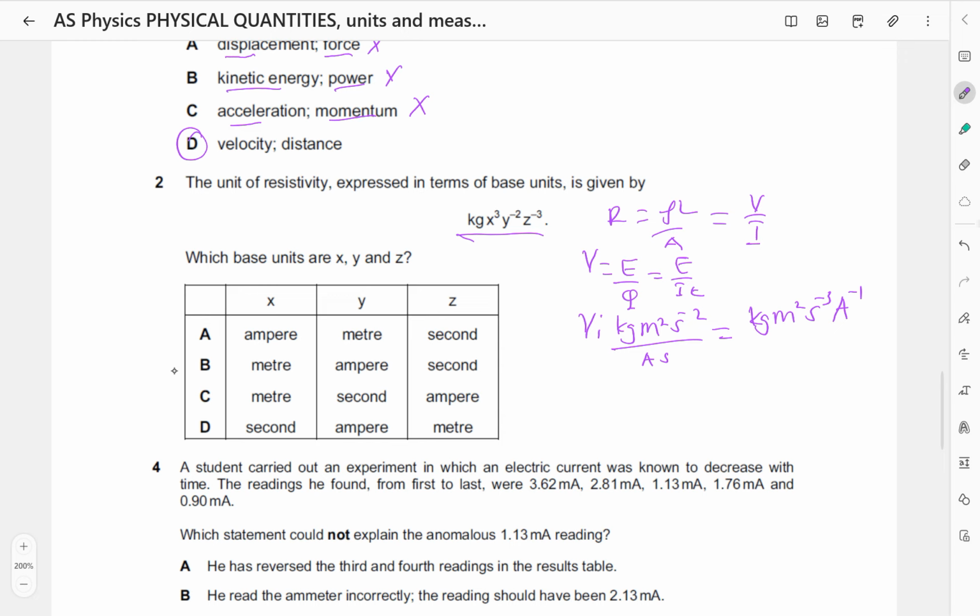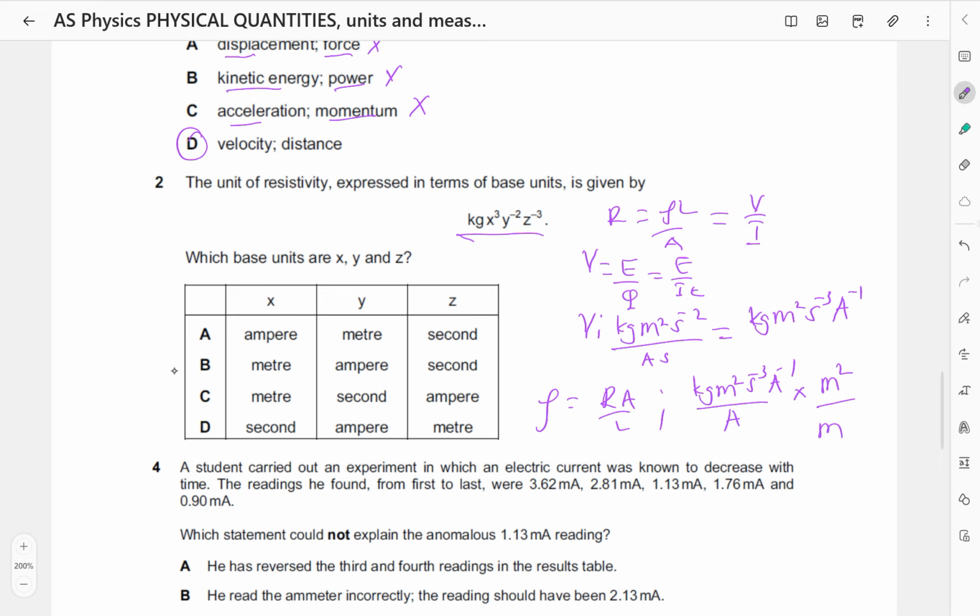So I make rho the subject. Rho is going to be equal to R times A divided by L. So let the units be R. For R, it is V over I, which is kilogram meter squared per second cubed per ampere divided by ampere. That is R. Then times A, which is area, that is meters squared. Then divide by L, where L is in meters.